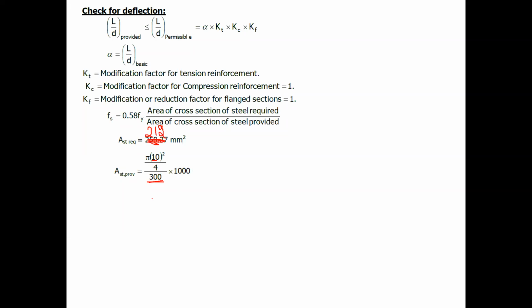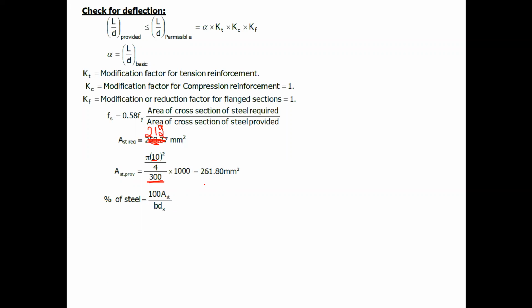So how much are you getting for AST provided? 261.79, sir. Okay, so it is 261.79. Consider 261.8.